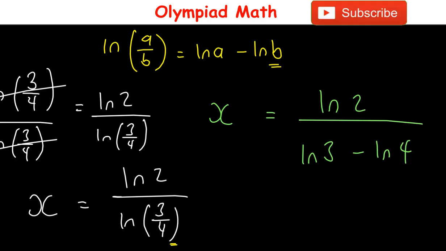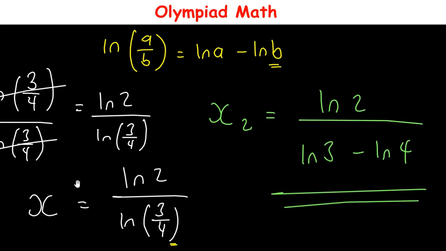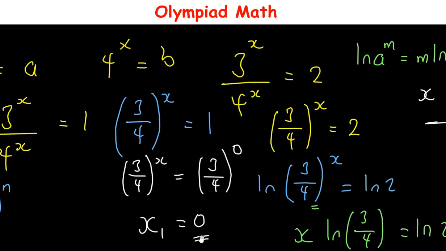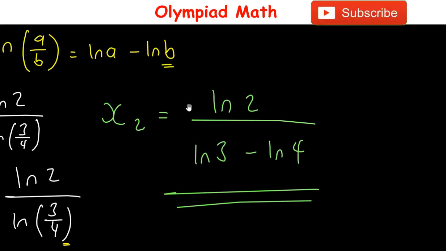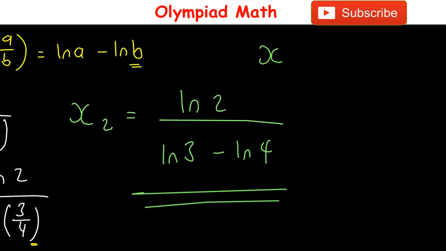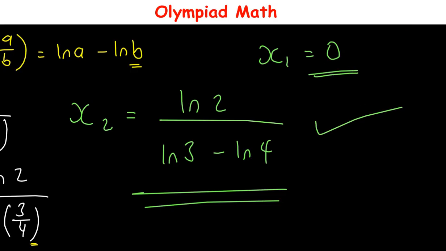And this is the second solution of the value of x. Meanwhile, the first value of x, x1, is equal to 0. So these are the solutions for the given question.